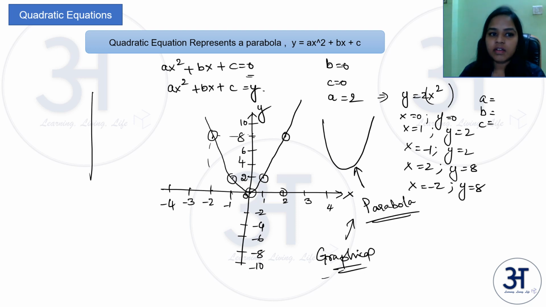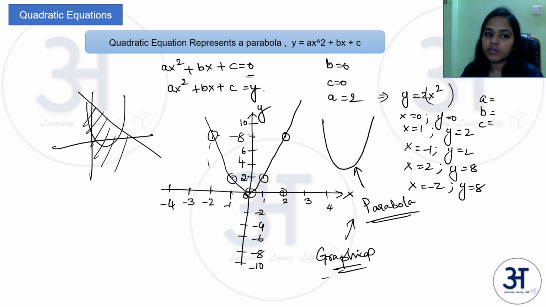Sometimes, if you want to find the point of intersection between a quadratic equation and a linear equation, you can just draw a parabola and a line. And if you're dealing with some inequalities, you will clearly know what region you're looking at. You will get a clear sense of your problem when you represent it graphically. So it's very important to know what each of these equations represents on a graph, at least up to the cubic equations.